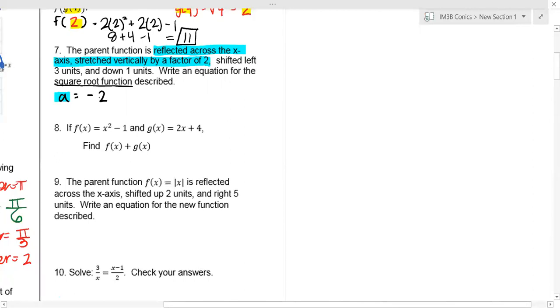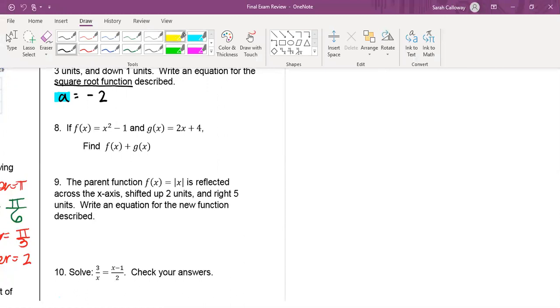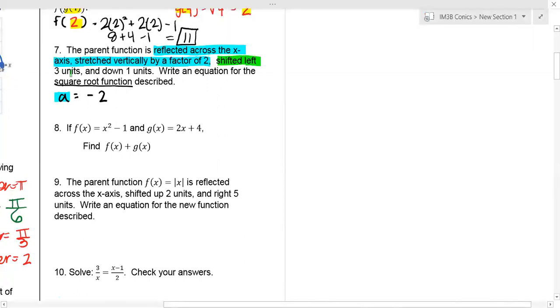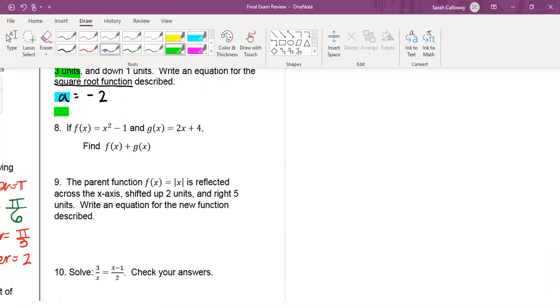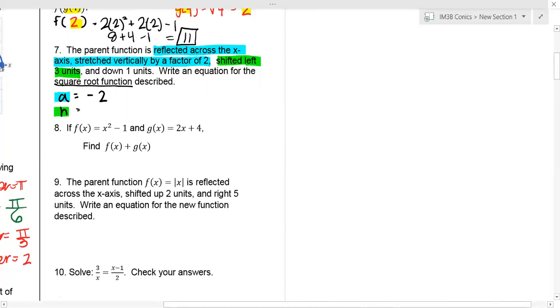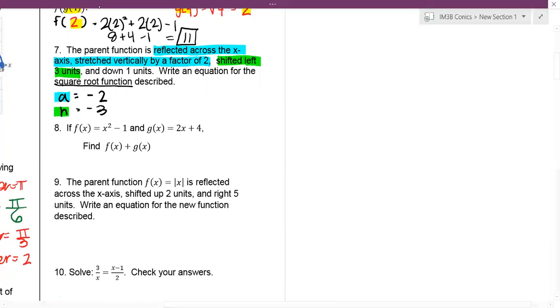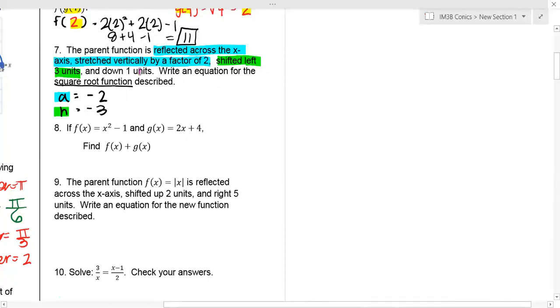The vertical stretch is telling us that it's actually 2. Okay, the shifted left 3 units is telling us that H is -3. And then the down 1 unit is telling us that K is -1.